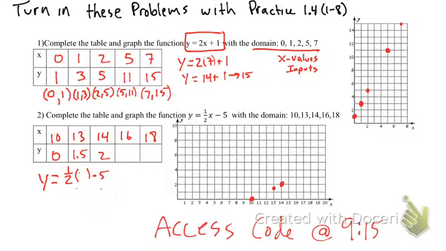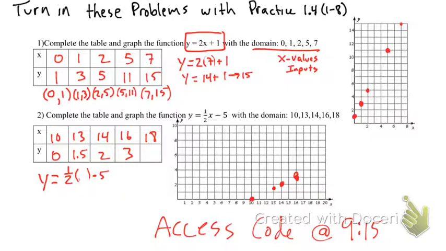And then we're going to plug in 16. Half of 16 is 8. 8 minus 5 is 3. So we have 16 comma 3, which is there. And then the last one is 18.